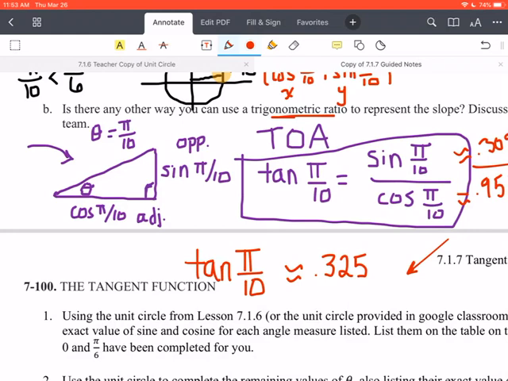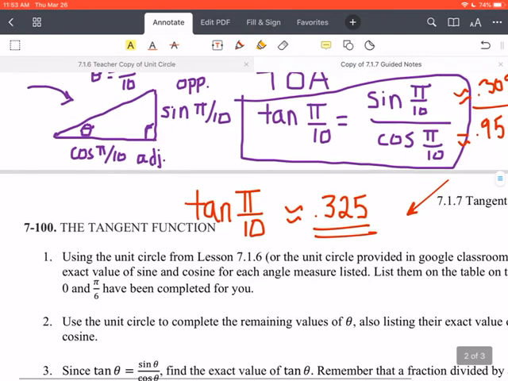Now I want you to use your calculator in radian mode, find the tangent button, and type in pi over 10. So tangent of pi over 10, please do this with me. And when you look, what do you get? You get 0.3249, which is exactly what we got here. So that was the look behind the scenes at how this idea comes about.